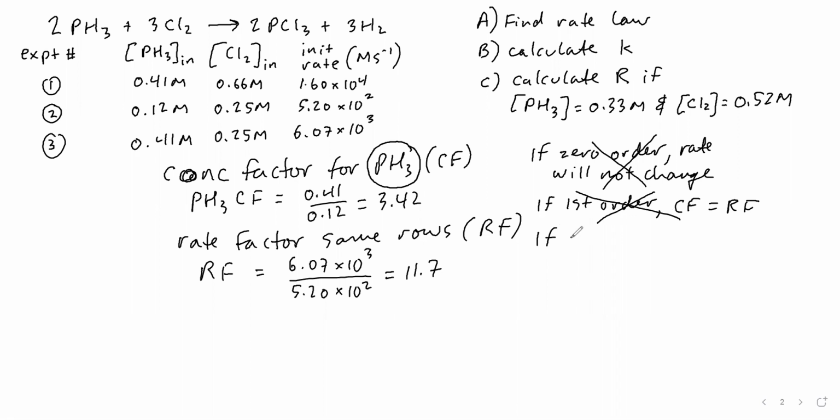If it's second order, the concentration factor squared will equal the rate factor. So if that's true, then we have to find out what 3.42 squared is, and see if that's equal to 11.7. When we do the math with the number 3.42 squared, sure enough, we get 11.7.